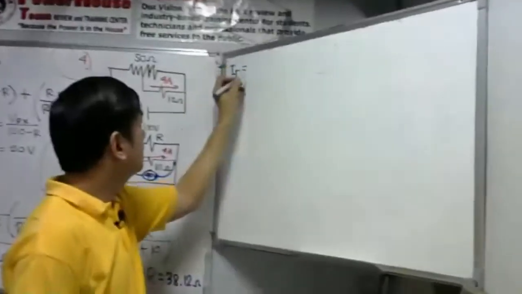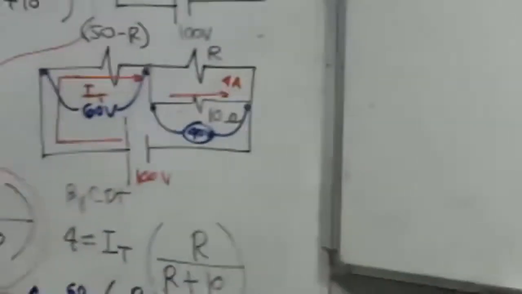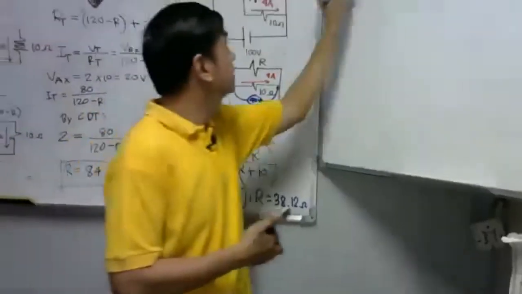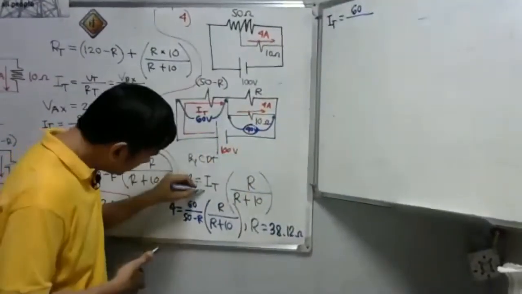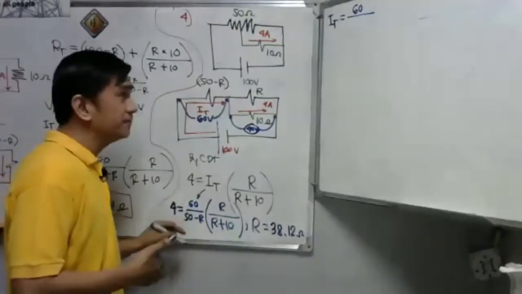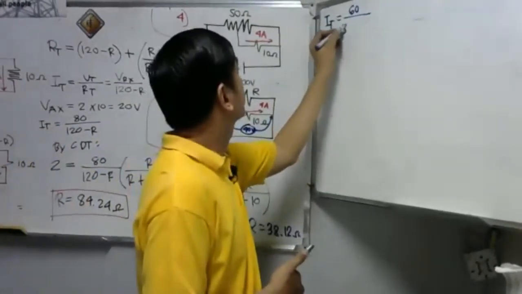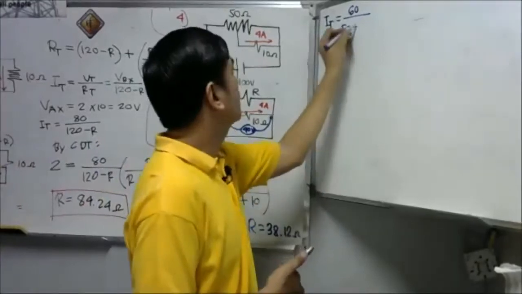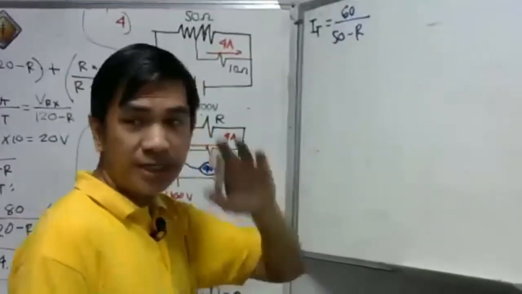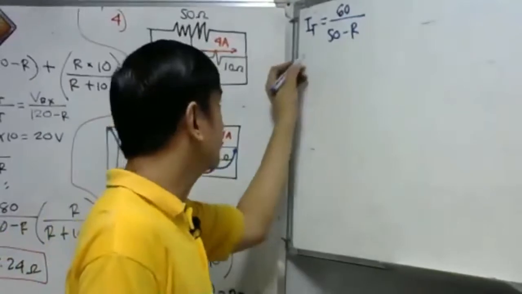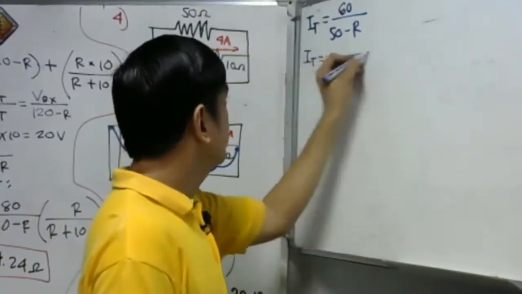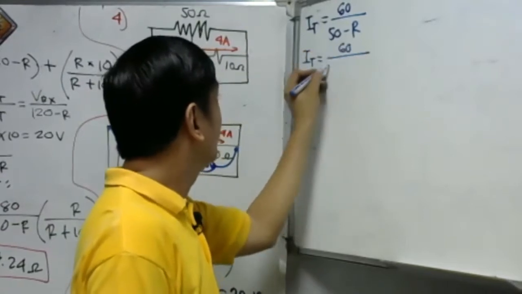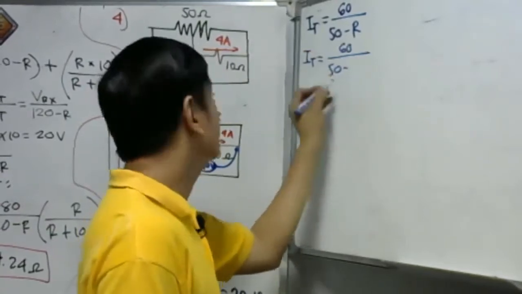So, IT, again, we said here, this is our IT, that is 60 over 50 minus R. By the way, this is a board exam problem. This is a licensure exam problem. So please listen. So just substitute in here.